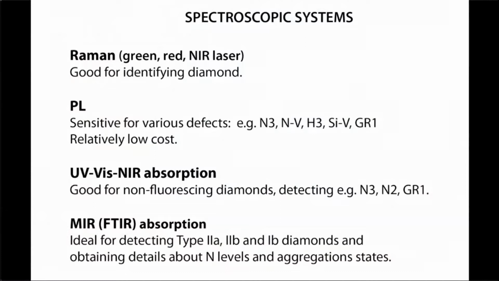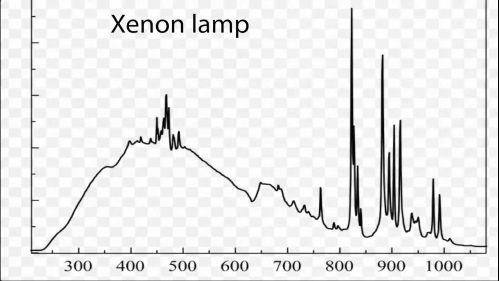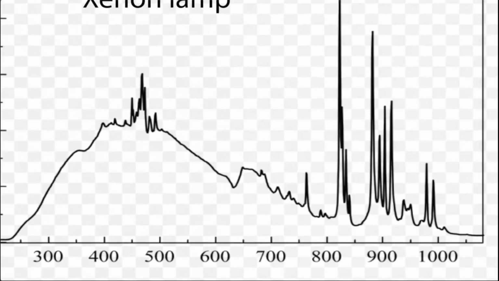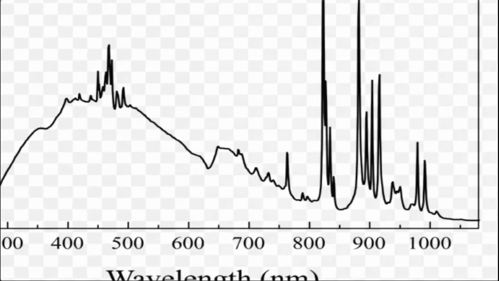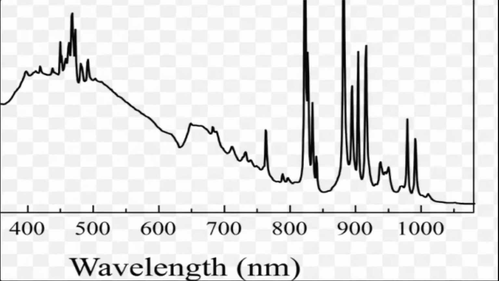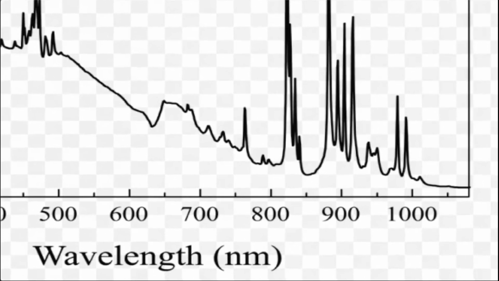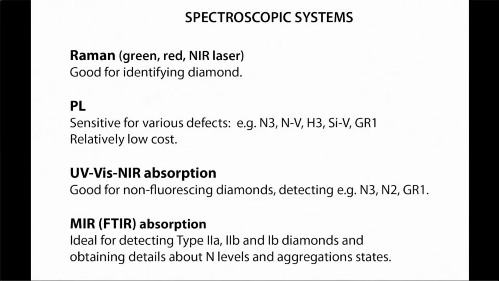For those diamonds, UV-vis absorption systems can reveal some of the defects, and for colored diamonds can provide information on colored origins. I forgot to mention that depending on the light source, a UV-vis NIR absorption system can extend from short UV wavelengths down as low as 200 nanometers up to near 1000 nanometers. And finally, FTIR systems are excellent for identifying type 2A, type 2B and type 1B diamonds, and for quantifying concentrations of A, B and C centers that can be useful for origin determinations.